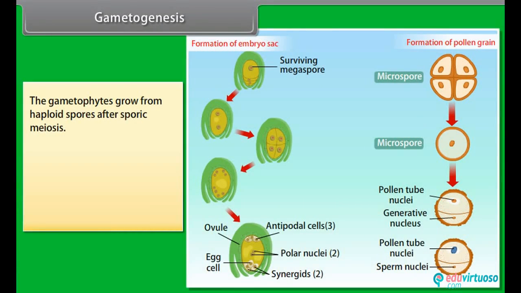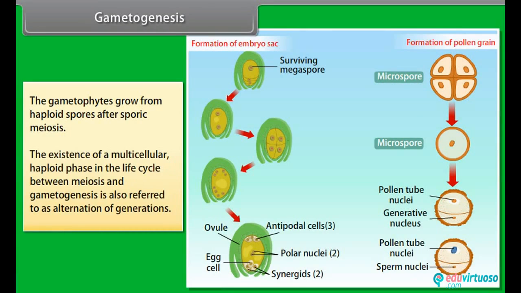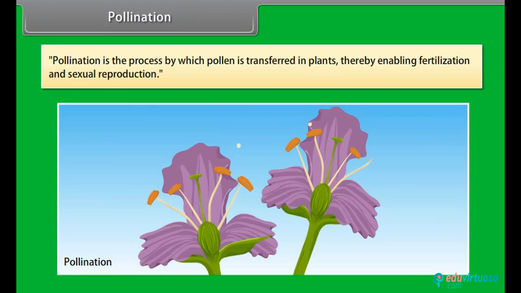The gametophytes grow from haploid spores after sporic meiosis. The existence of a multicellular haploid phase in the life cycle between meiosis and gametogenesis is also referred to as alteration of generations.